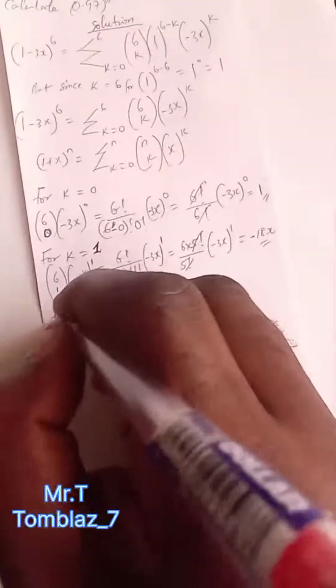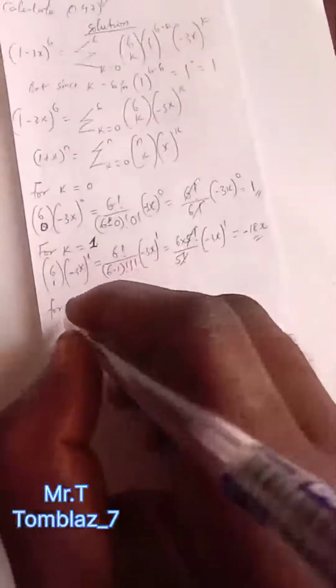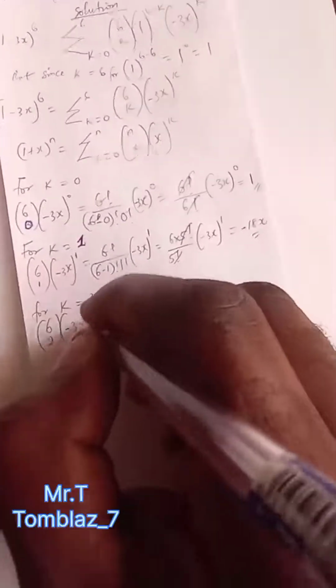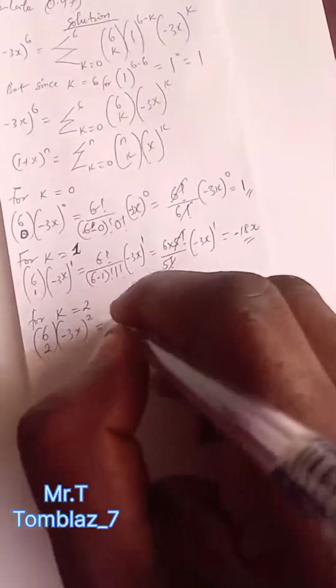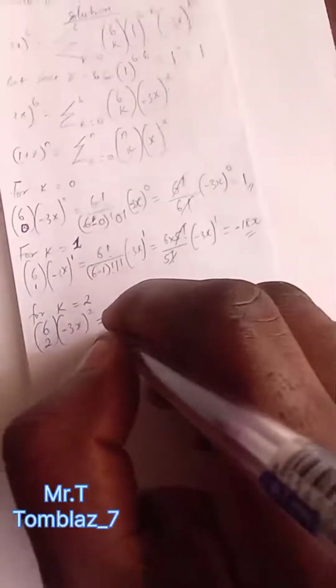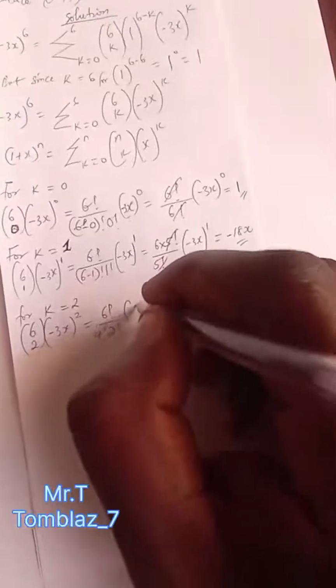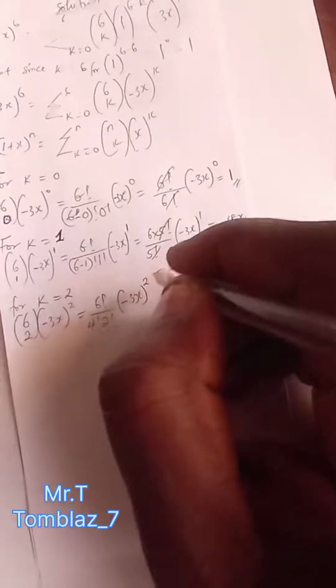Then for k equals 2, 6 combination 2, into (minus 3x) to the power of 2. So this is going to give you 6 factorial over 4 factorial times 2 factorial, into (minus 3x) to the power of 2.